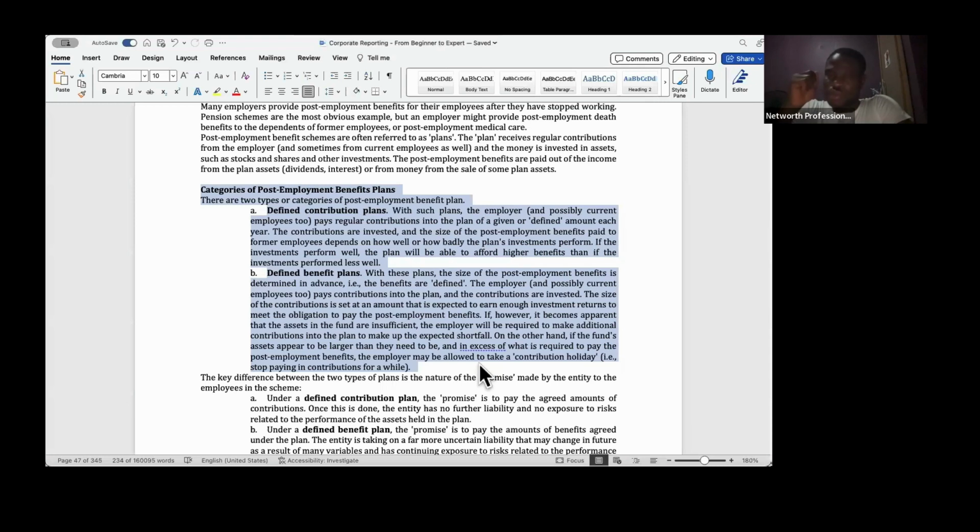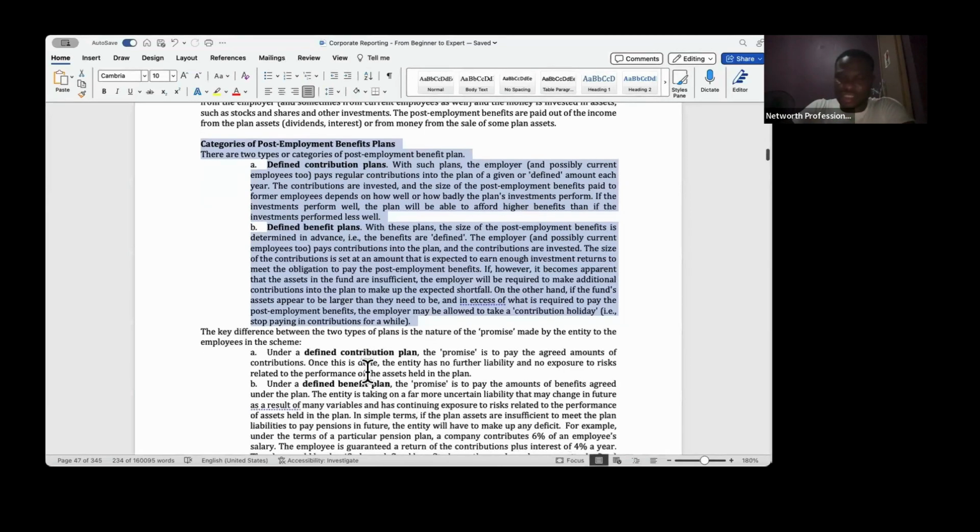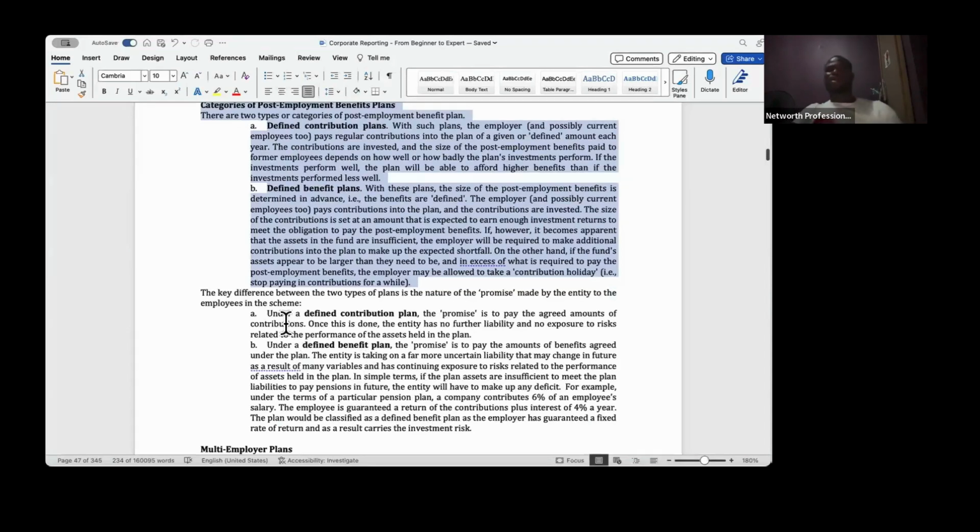Number two, there is the defined benefit plan. And as soon as we understand this perfectly well, everything we want to talk about on post-employment benefit is done. So let me summarize it like this. I just need you to focus on what I'm saying so that you get it, then you move on.